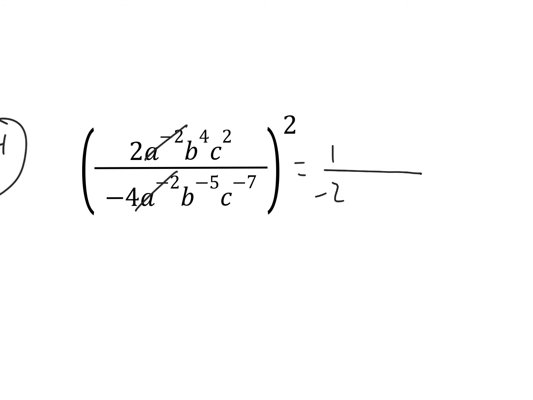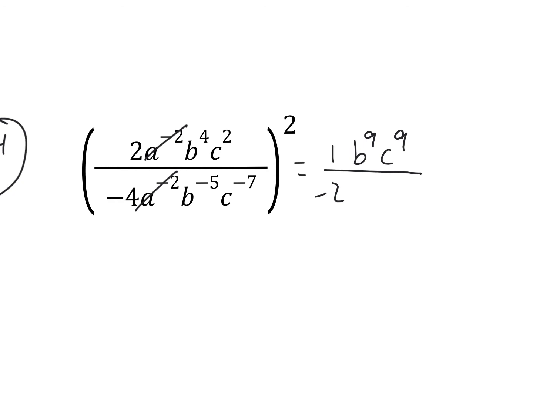Okay, b to the 4 divided by b to the negative 5, so 4 minus negative 5, that'll be 9, b to the 9th power. And then we got c to the 2 divided by c to the negative 7, so it's c to the 2 minus negative 7. Well, that gives us c to the 9th power.